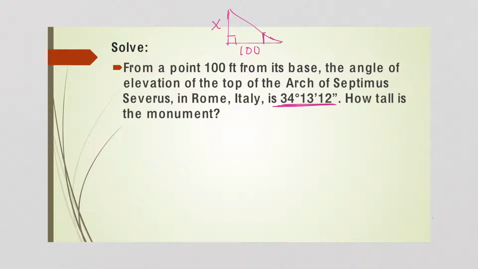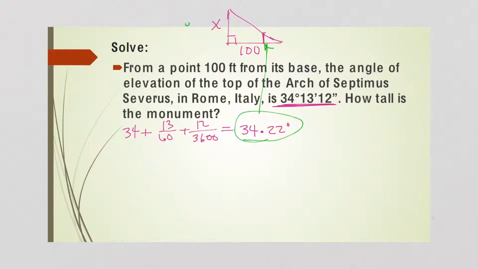So to change this to degrees, remember I have 34 plus 13 over 60 plus 12 over 3600 equals 34.22 degrees. So this goes up here for my angle.